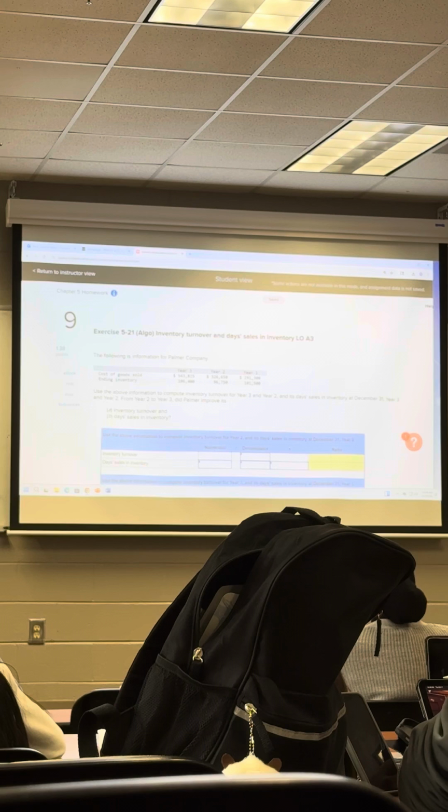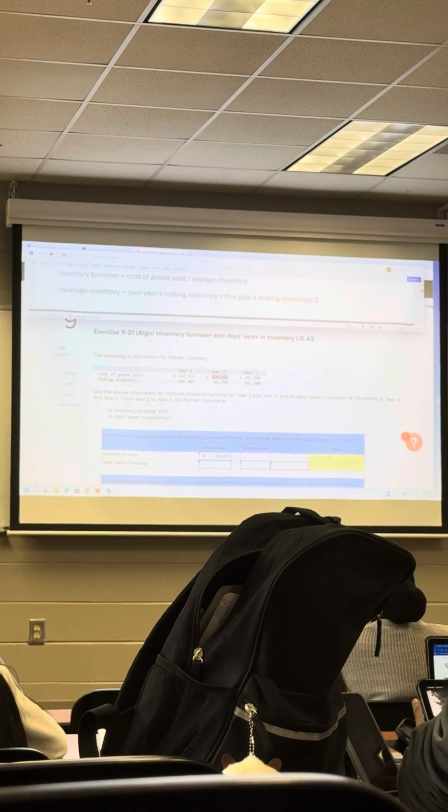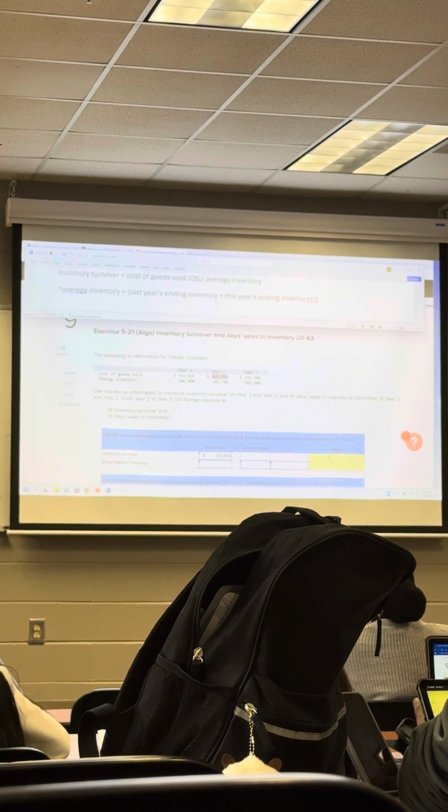For year two, my cost of goods sold is $326,650. And then I have to be careful here. So that was my cost of goods sold, $326,650, divided by average inventory.